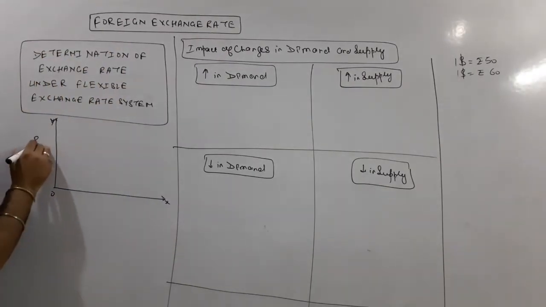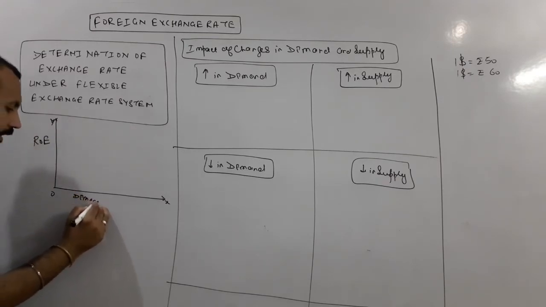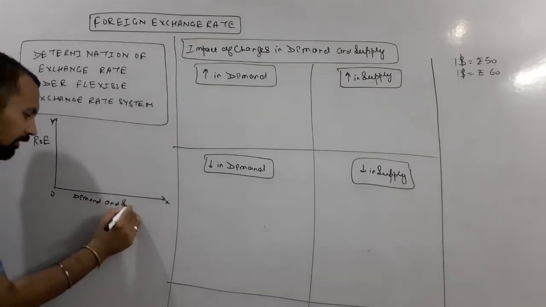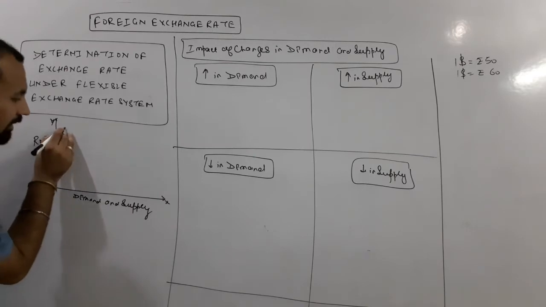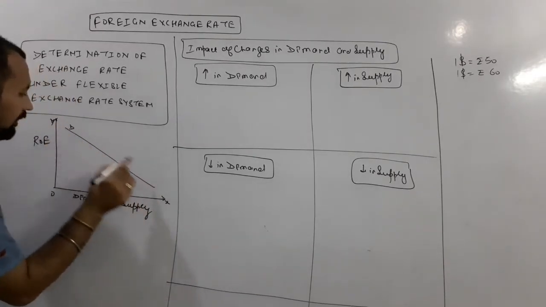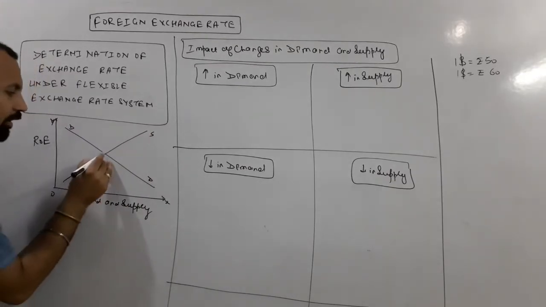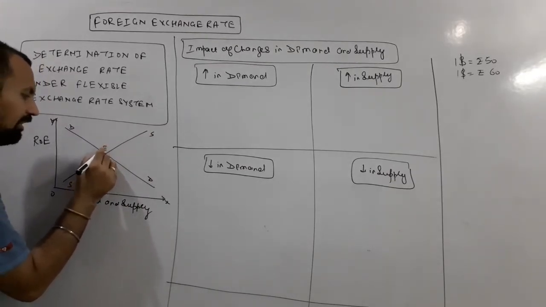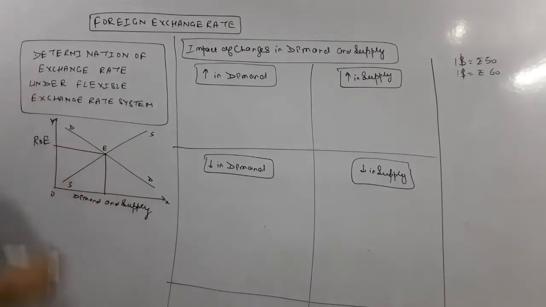We are writing down rate of exchange, and here demand and supply of foreign currency. As we have discussed already, the demand curve is downward sloping and the supply curve is upward sloping. Equilibrium rate is assigned where demand is equal to supply. This is the equilibrium rate of exchange and this is the demand and supply.